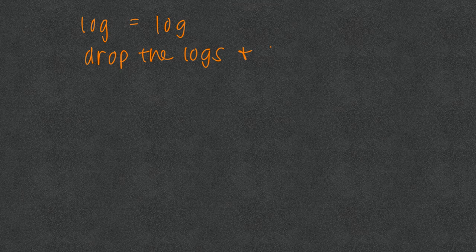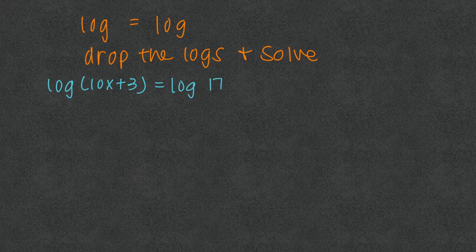So the last couple more things with 8.6. Remember, if I just have a log equals a log, I can drop the logs and solve. So if I have log of 10x plus 3 equals log of 17, I can cancel the logs and do 10x plus 3 equals 17.